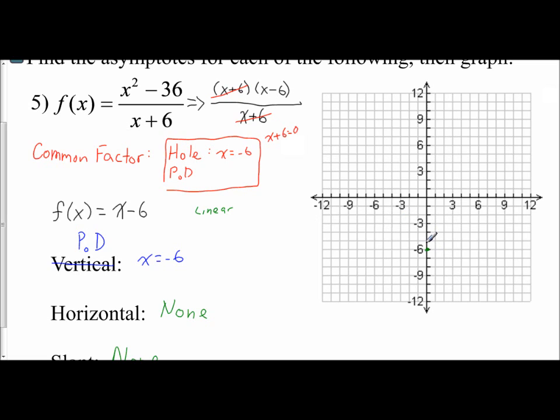As before, I can go up 1 over 1, down 1 over 1, but then I'm not extending across the entire grid. I have to keep that pattern. What I can do is go up 3 over 3, up 3 over 3. I'm going to come back to this point right here, and go up 3 over 3, up 3 over 3.